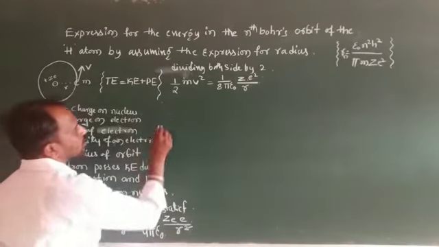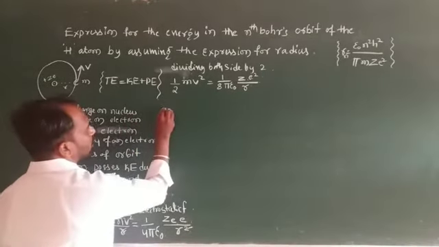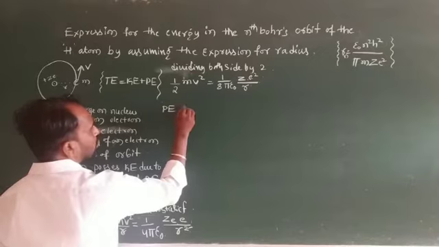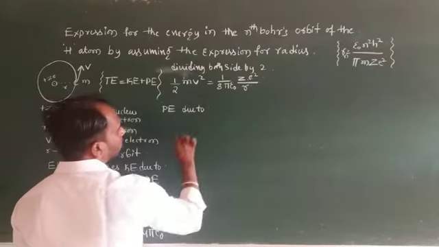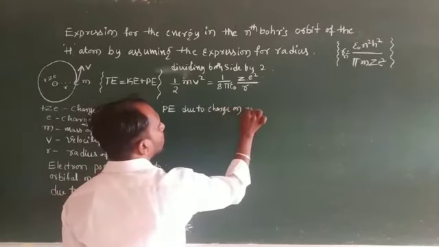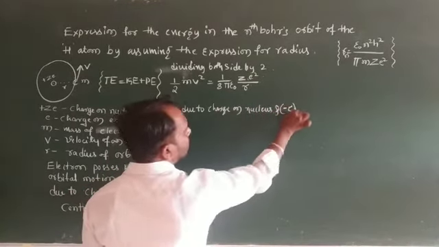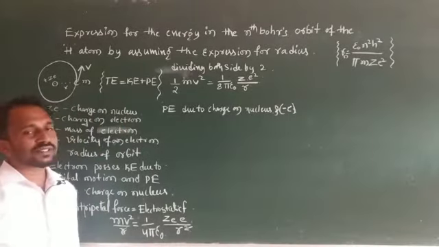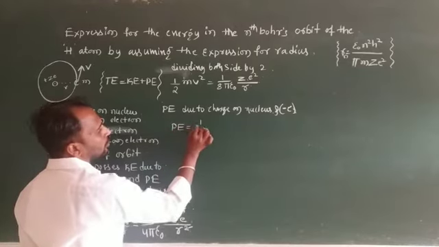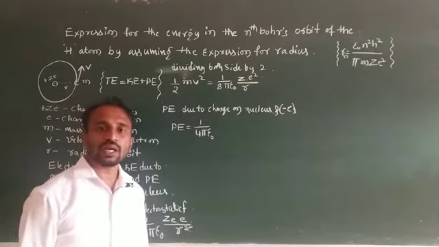The potential energy is due to the charge on the nucleus and the charge on the electron, which is minus e. So the potential energy is equal to 1 by 4 pi epsilon naught Q1 Q2 divided by r.